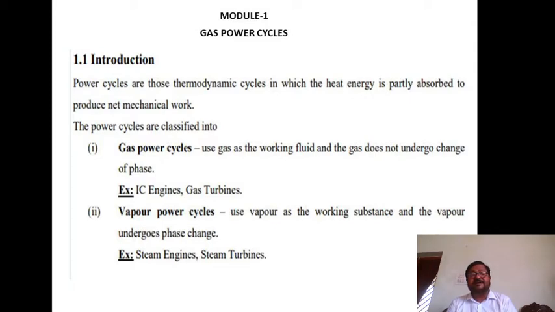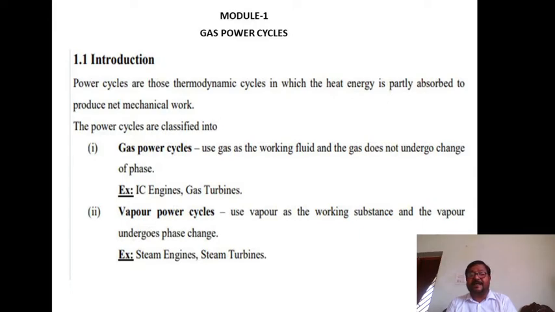There, the low pressure, low temperature vapor form of the steam will be condensed and converted into water. The same water is again recirculated to the boiler. Like this, the phase changes.